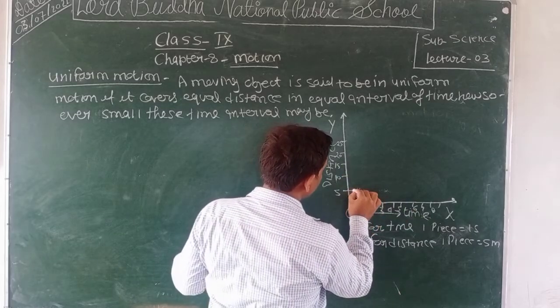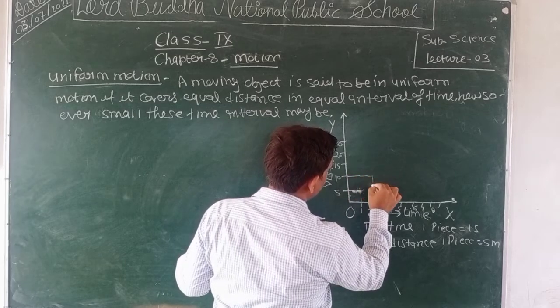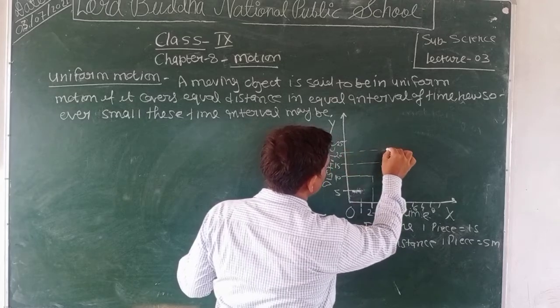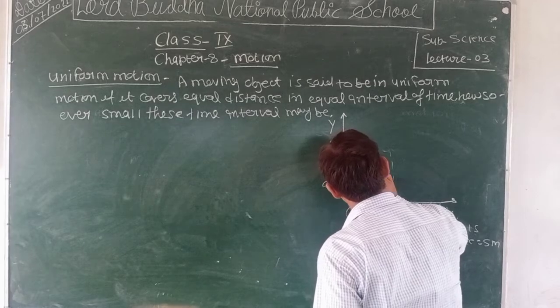If we make a graph between these points, then we find a straight line.